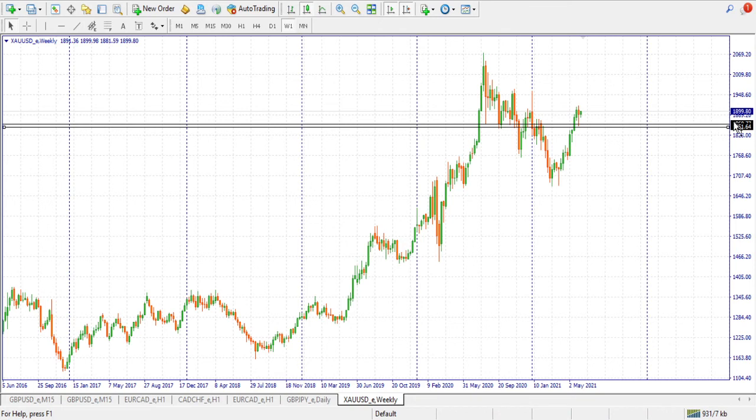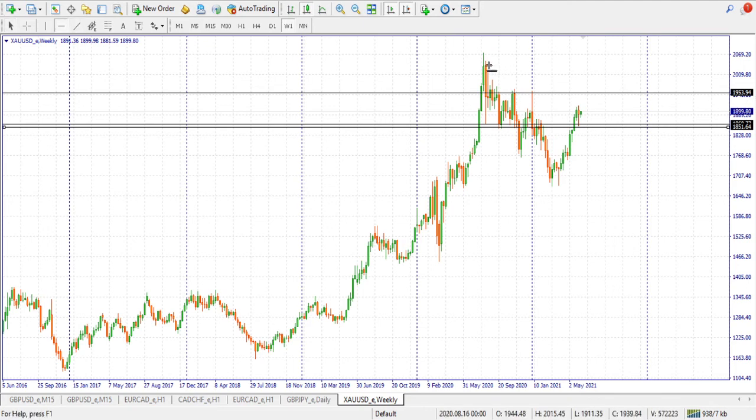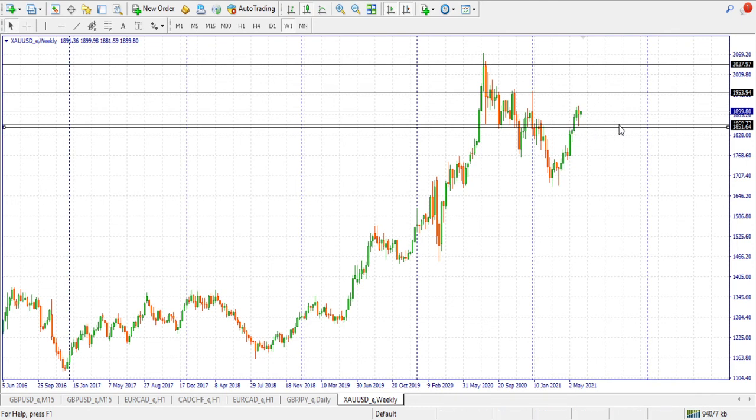So while the price is held above 1851.64, expect a continuation to the upper side, at least up to 1953.94, and the next target is this. So we'll buy it here, our first target, and then the next target is the line we have at the very top.